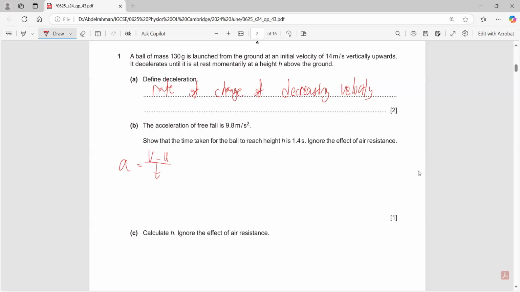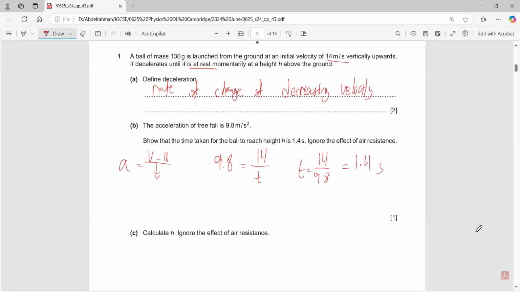The change in velocity: it was 14 and it came to rest, 0. So 14 minus 0. The acceleration is 9.8 and 14 minus 0, which is just 14, divided by t. So t equals 14 over 9.8. 14 divided by 9.8 is 1.4 seconds.